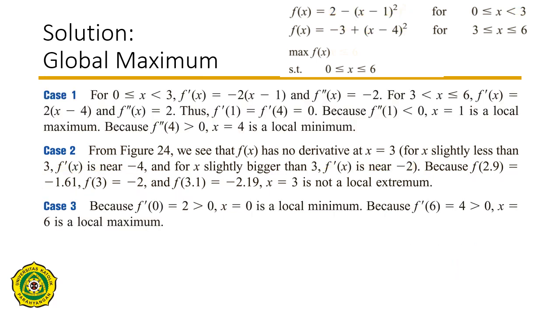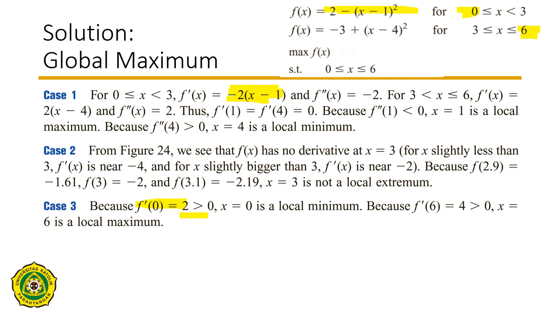Now, finally, we're going to check case 3, where we check the endpoints of the allowable values of x. So we're going to check 0 and we're going to check 6. First we take the first derivative of the function, and then we plug in 0. At the point 0, the first derivative equals +2, since -2 times 0 minus 1 is +2.